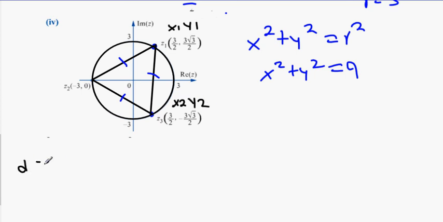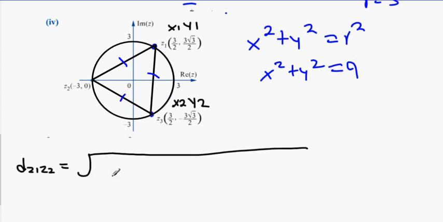So for example, the distance formula for the length of Z1 to Z2 is going to be the square root.